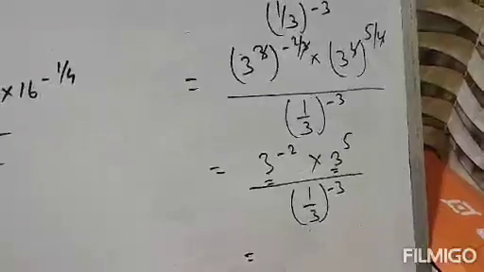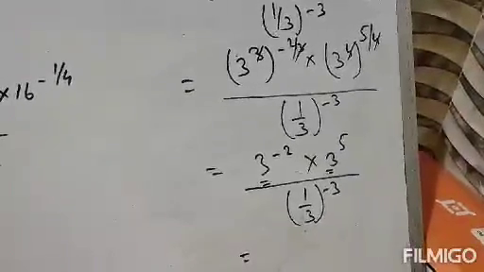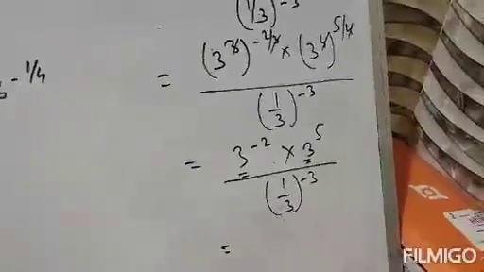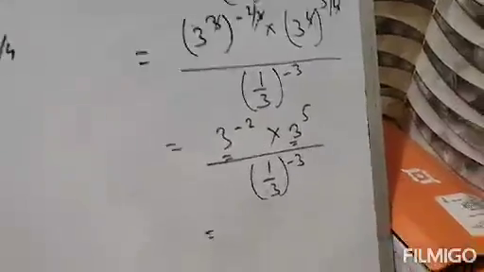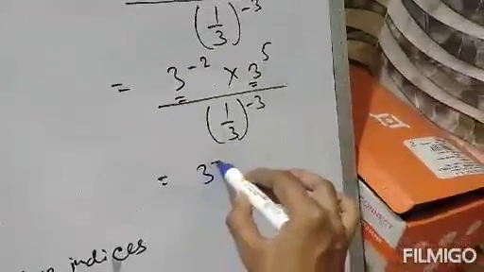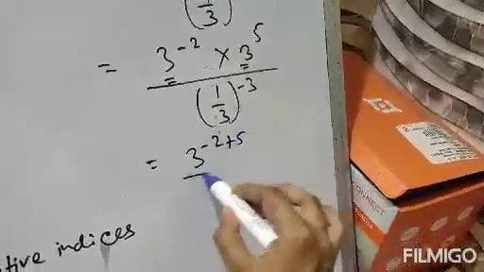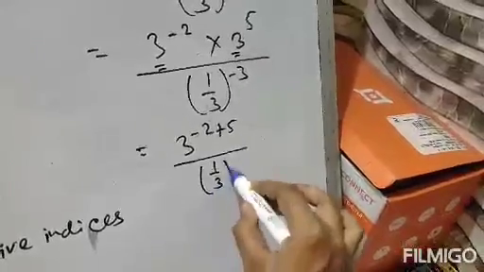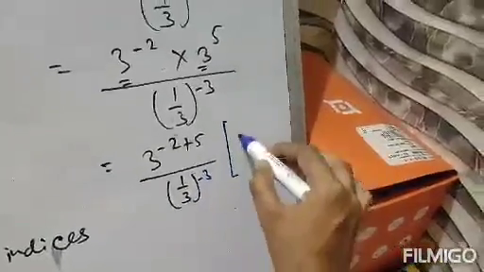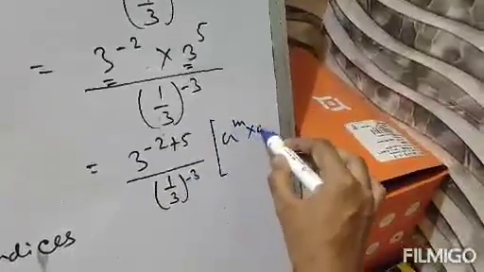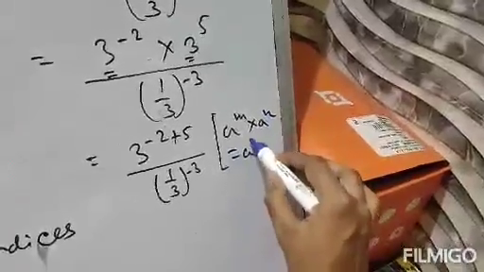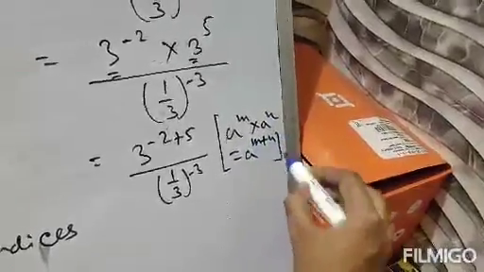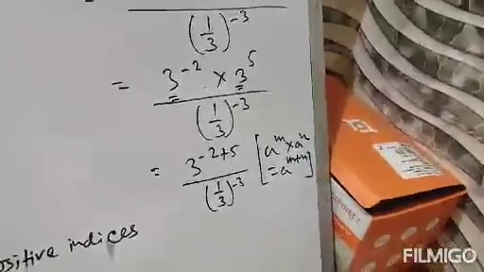So if both bases are same and they are multiplied, the powers will get added. That is the rule. That means minus 2 plus 5, and this is 1 by 3 to the power minus 3. That was the formula we have applied.